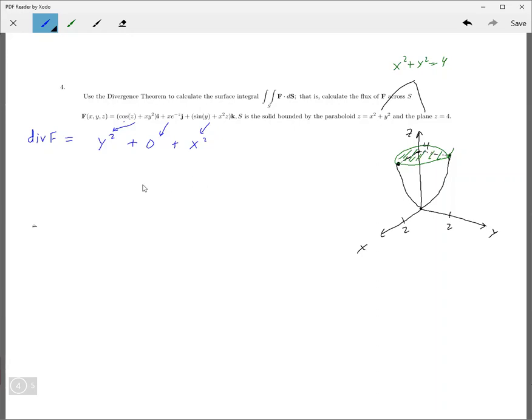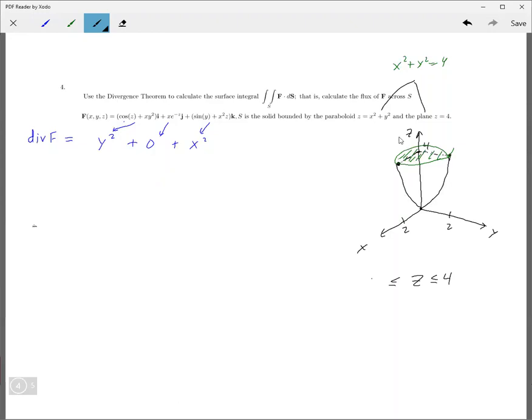Okay, so we'll go ahead and calculate the integral across the volume. Z has the easiest boundaries, first of all. 0 to, oh wait, 4, yeah. Not 0 to 4.